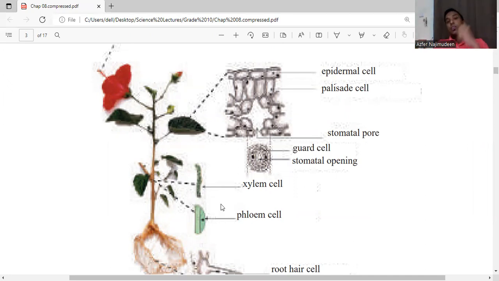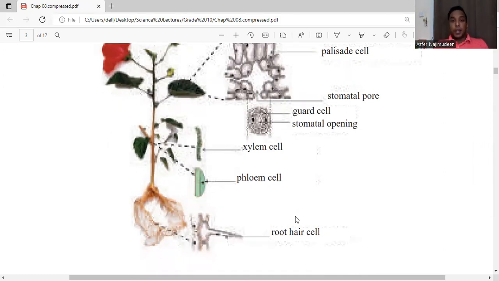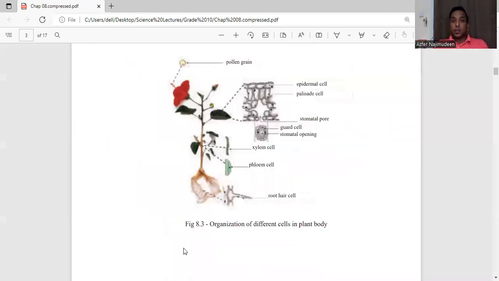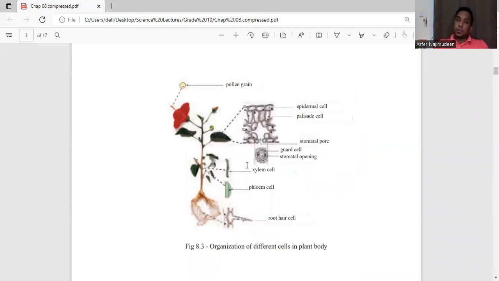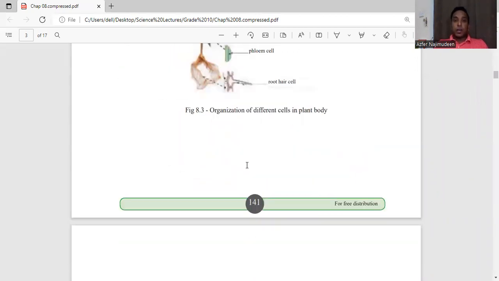So this is the tissue which is responsible for transporting water in a plant, and phloem is responsible for transporting produced food in a plant. And here you can see root hair cells. So a plant is a multicellular organism which is composed of different types of cells. Okay, so this is what you have to understand.